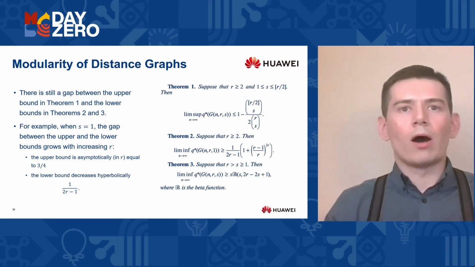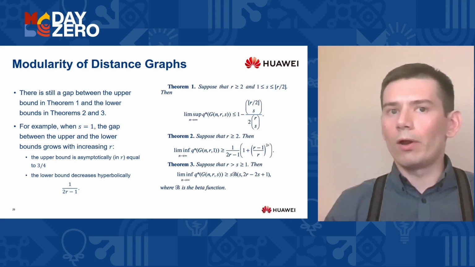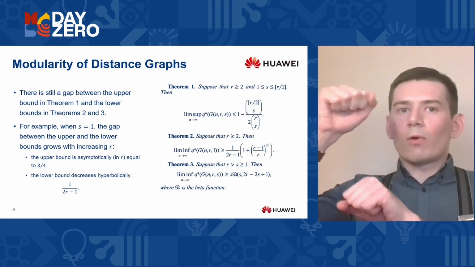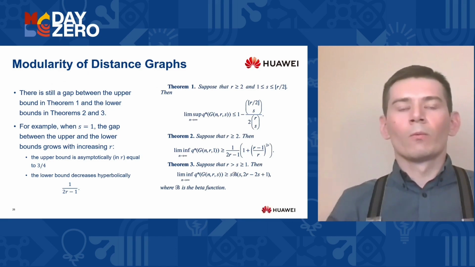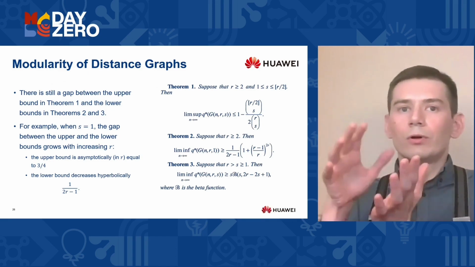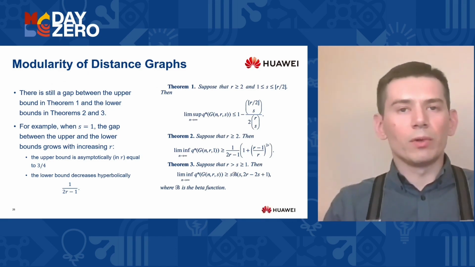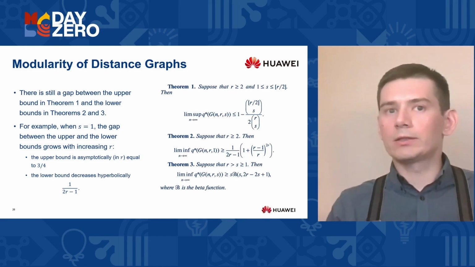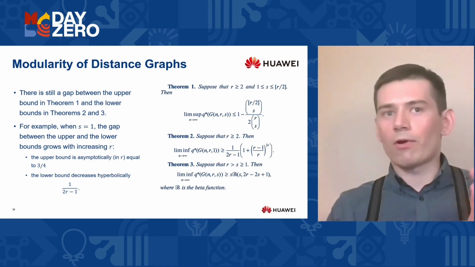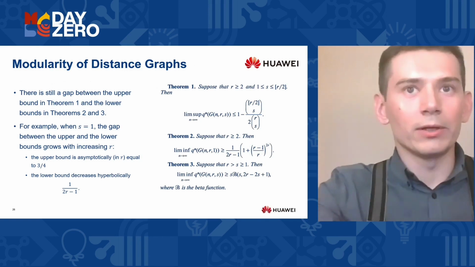However, the lower bound decreases hyperbolically. So in theory, we have a situation where it's very hard to estimate the optimal value of modularity. And it's actually an open question and an excellent topic for a PhD work, in my opinion.